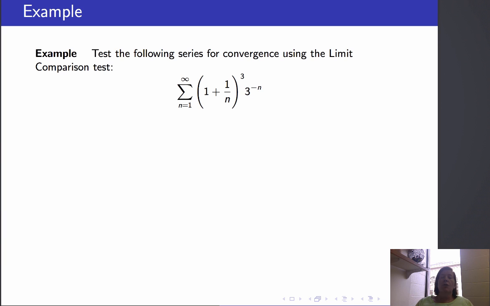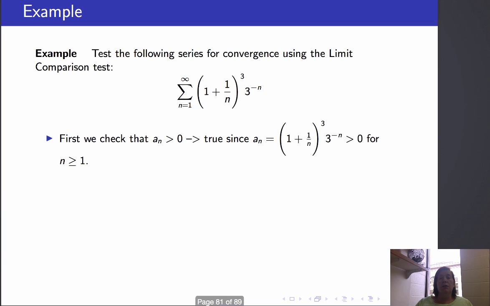n. So as n goes to infinity, again 1 plus 1 over n cubed looks complicated, but it's heading towards 1 at a rapid rate, because as n goes to infinity, 1 over n goes to 0. So we would expect this series to behave a lot like the sum of 1 over 3 to the n. At least the terms as n approaches infinity look very like 1 over 3 to the n.